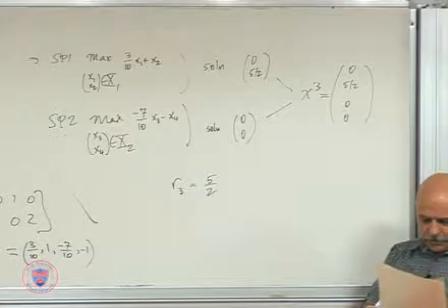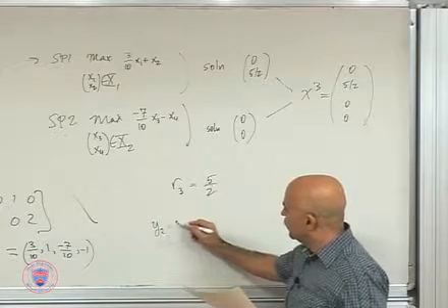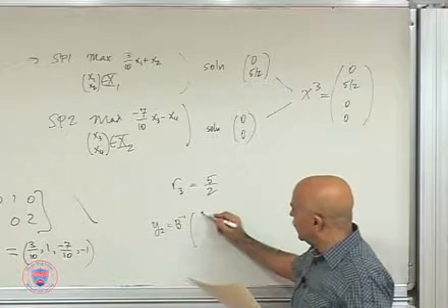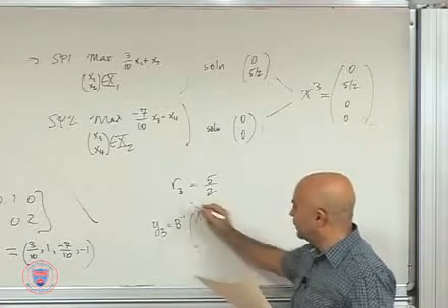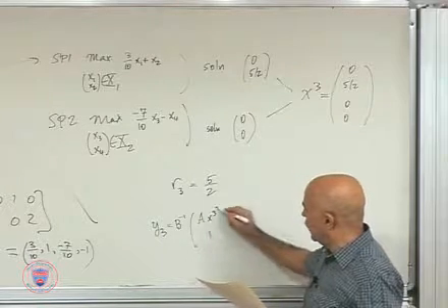Okay. Now I need y3, which is my B inverse times AX3 and 1.